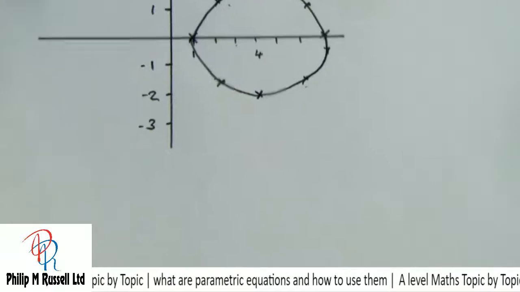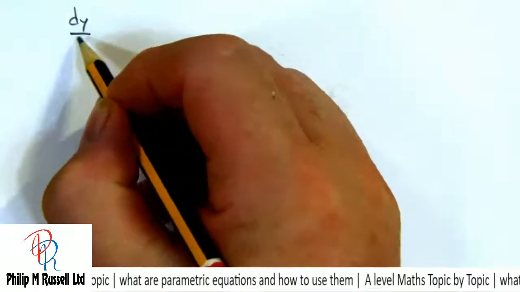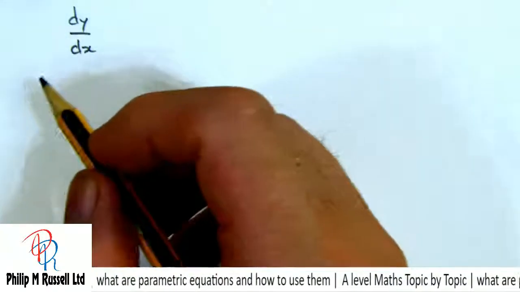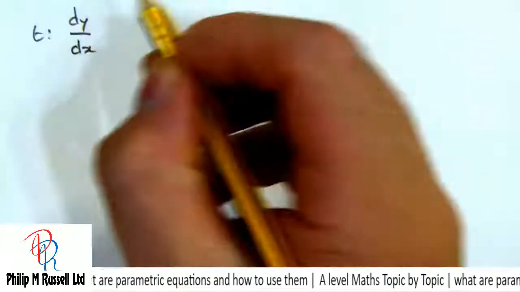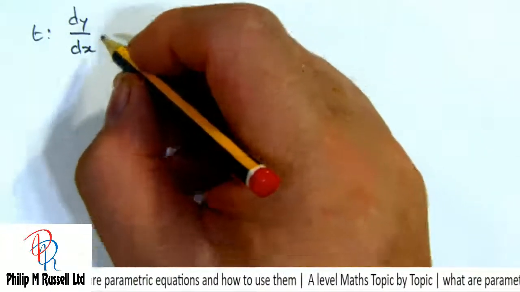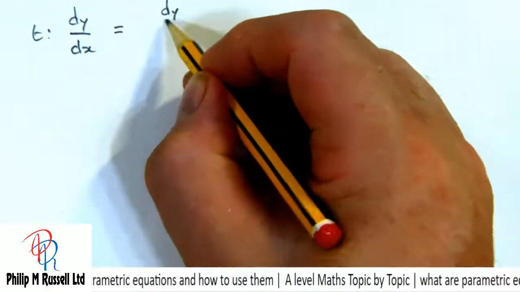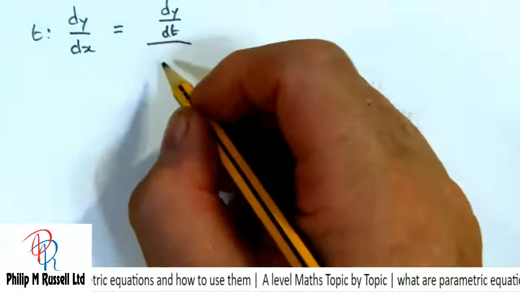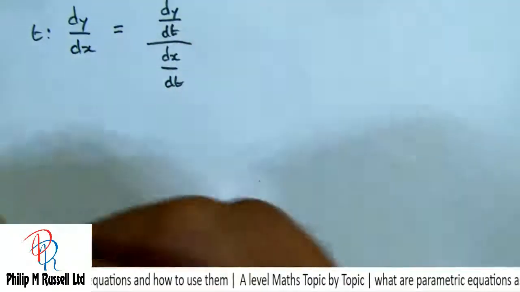So we know that we're given some sort of functions when we want to do this. We want to do dy by dx, but we've got these things given out slightly differently. So I can say that dy by dx is actually going to be dy by dt all over dx by dt.